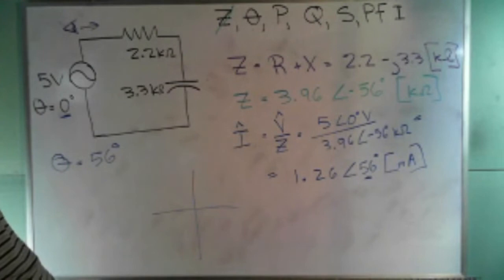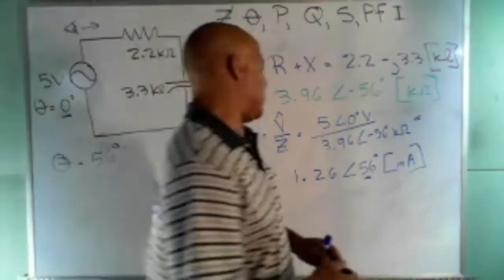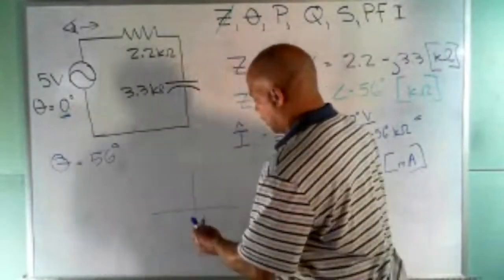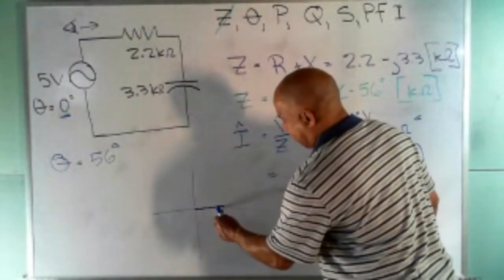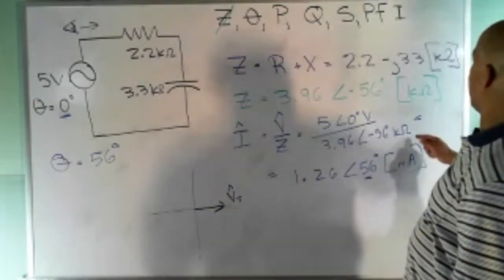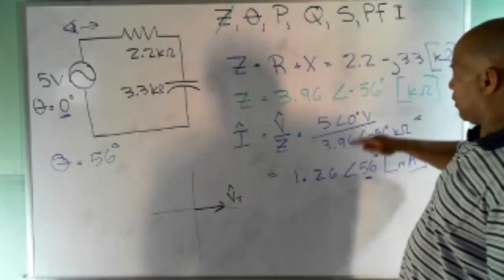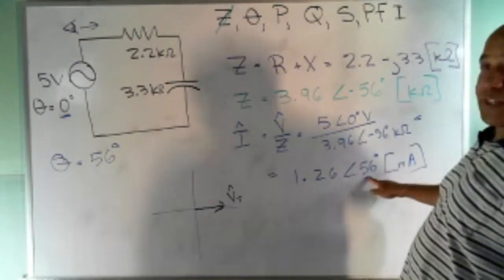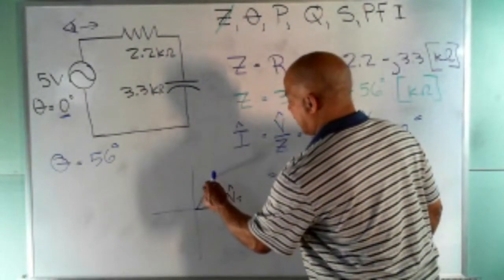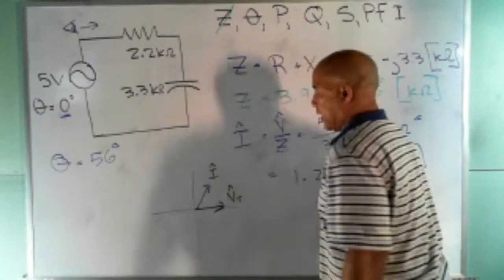My voltage is my reference at 0 degrees, so my 5 volts is right here. That's my total voltage. My current is at 56 degrees, so it's probably right there. That's my total current.